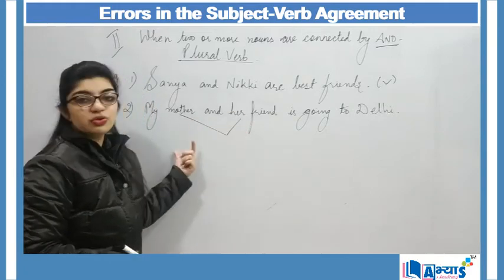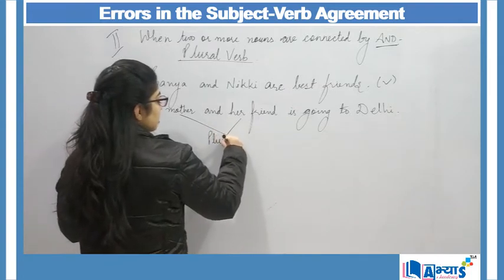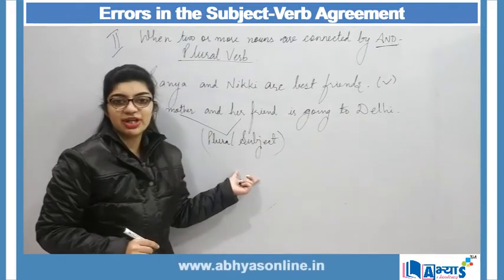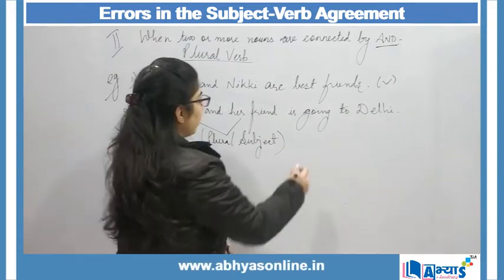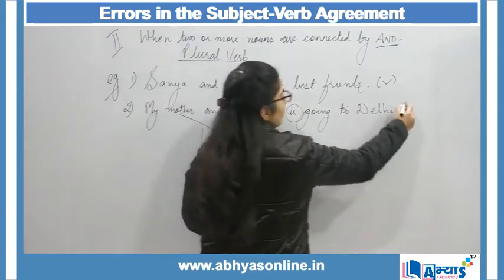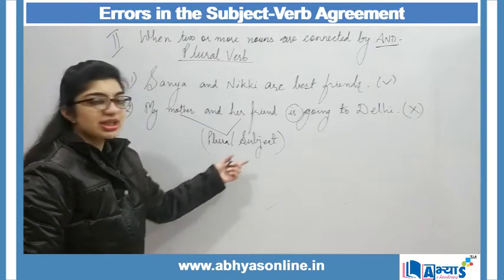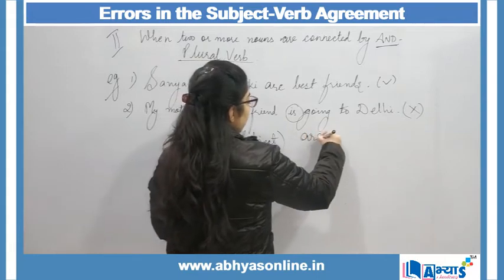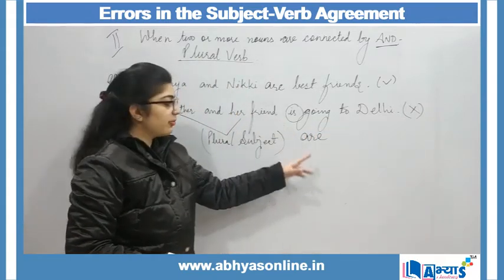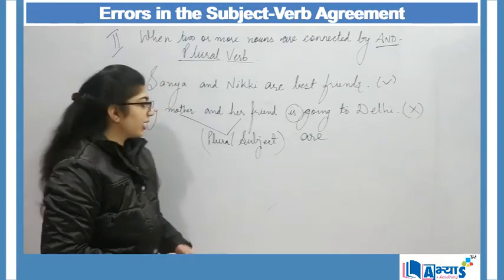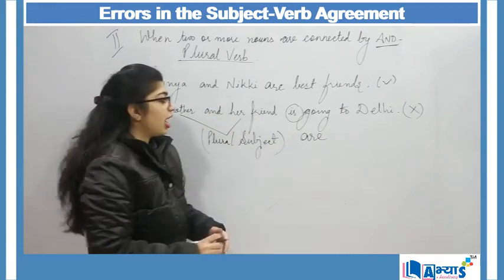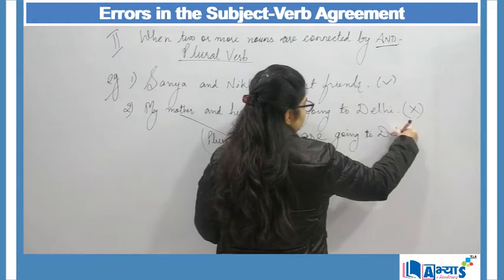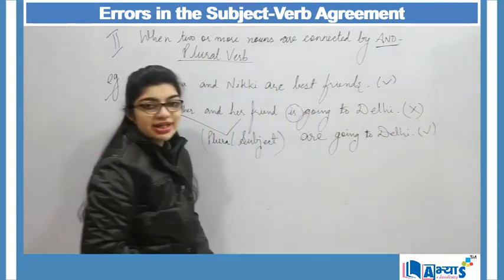When I'm talking about two people, here it is my plural subject. As I've always said, with a plural subject, I will always make use of a plural verb. But my verb over here is singular, therefore my sentence is wrong. Instead of using a singular verb, I have to make use of a plural verb, and that plural verb over here is are. When I use are instead of is, my sentence will be correct. My mother and her friend are going to Delhi. This makes my sentence correct.